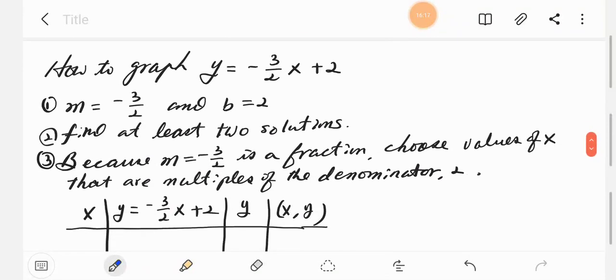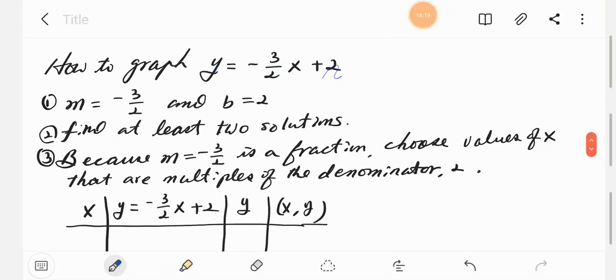So then how do we graph this equation? Okay, the coefficient is negative 3 over 2, right? So m is negative 3 over 2 and b equals 2. Okay, then let's find at least 2 solutions.